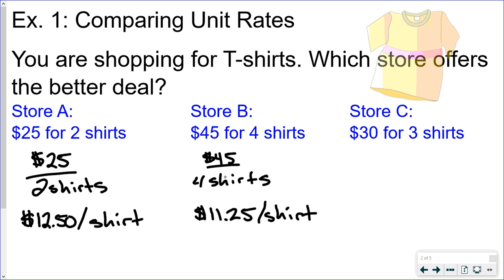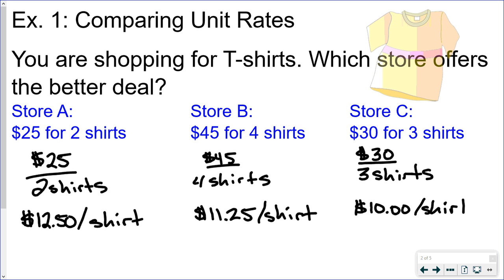So far, store B is the better deal. And then store C, we've got $30 for 3 shirts. So we divide 30 by 3, and we get $10 per shirt. And so the better deal would be store C.